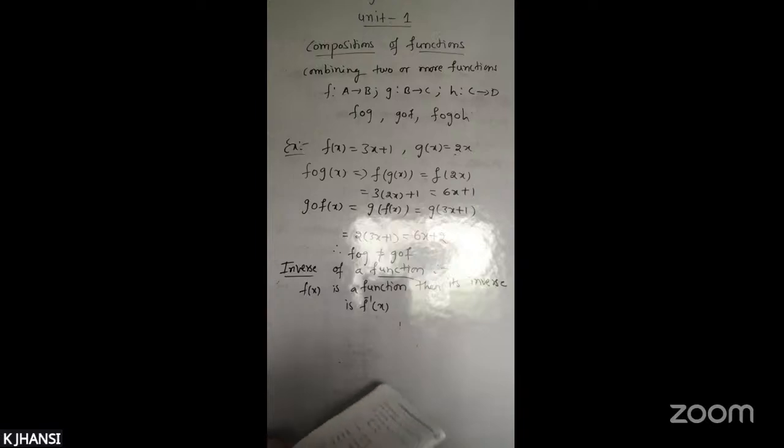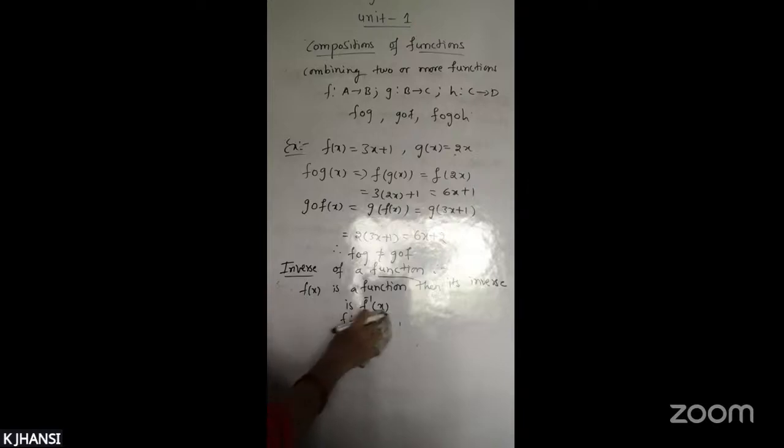To solve that, we need 4 steps. If you follow them and remember them, then you can easily find the f inverse of x. That means if f is mapping from A to B, then f inverse will be mapping from B to A. Like this you can see.